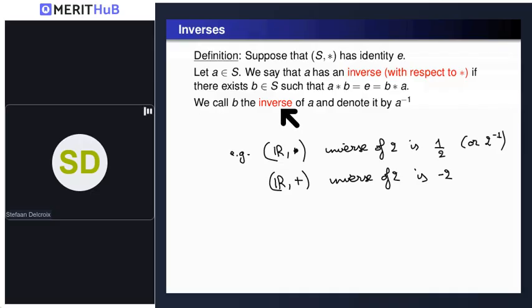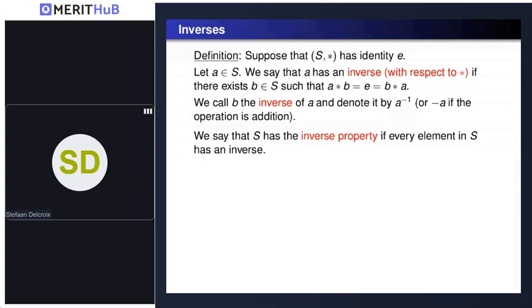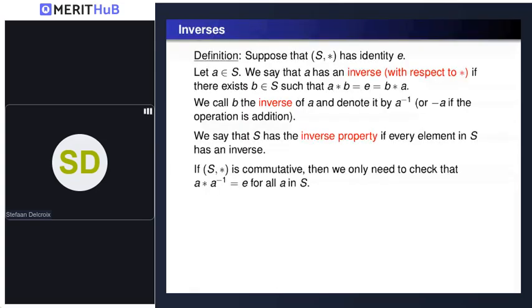So in general, if you don't know if your operation is addition or not, the inverse of a is denoted a to the power -1. But if you have it under addition, then you write it as -a. Here you should pronounce this as the inverse of a.